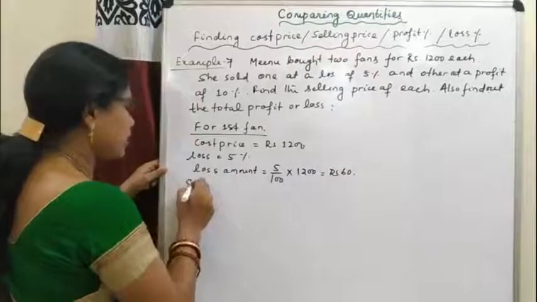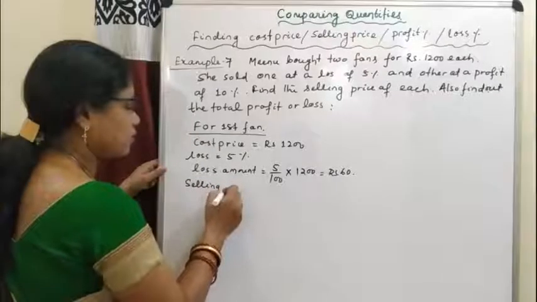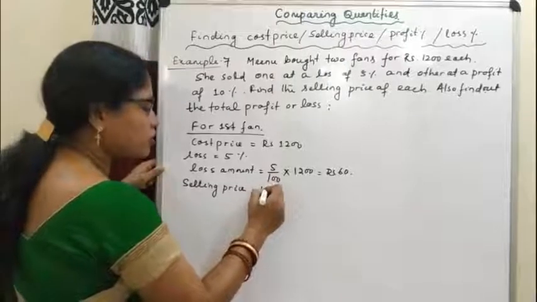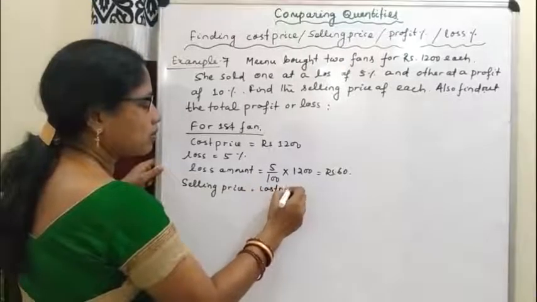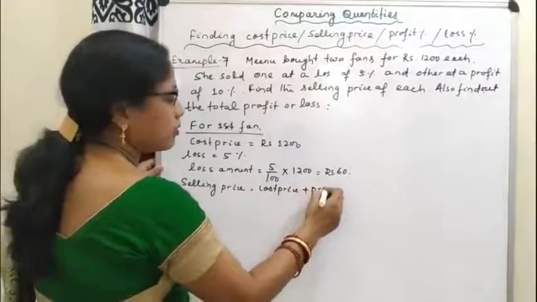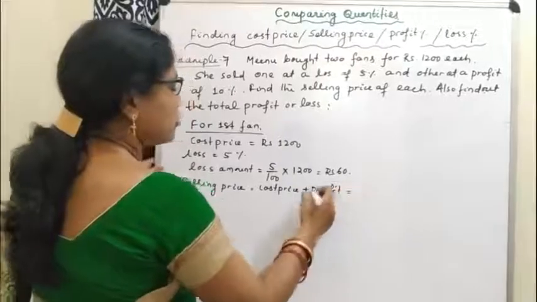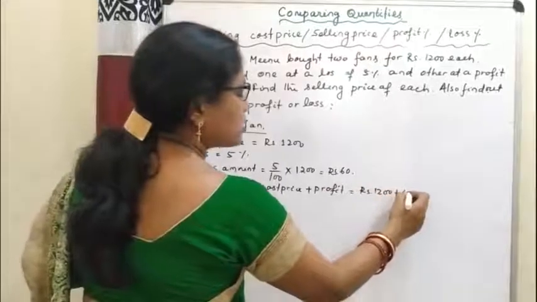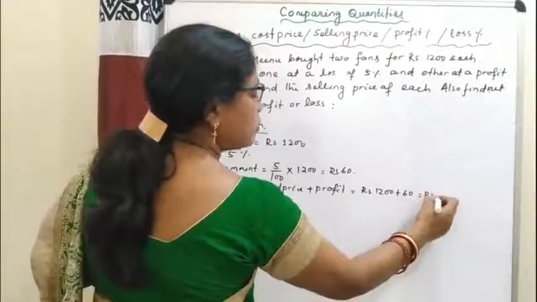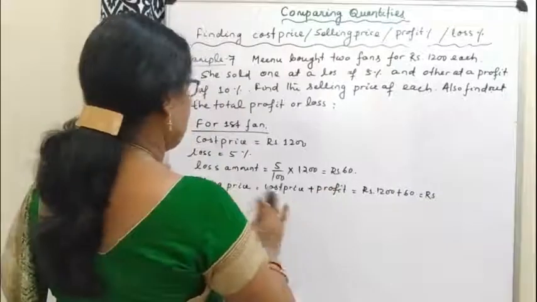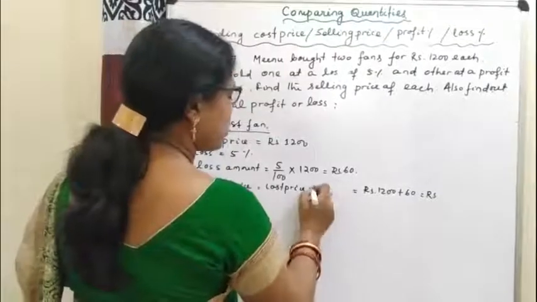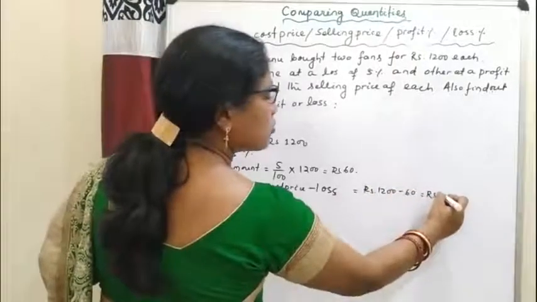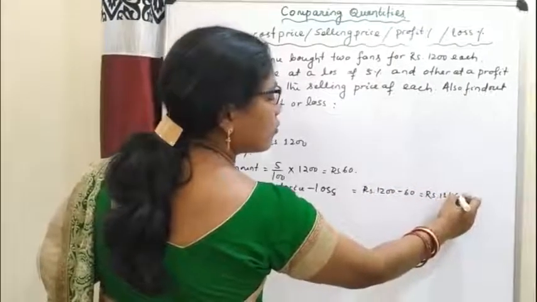So what is the selling price? Selling price is cost price minus loss. Sorry, this is the loss amount. So selling price is 1200 minus 60, which is rupees 1140.